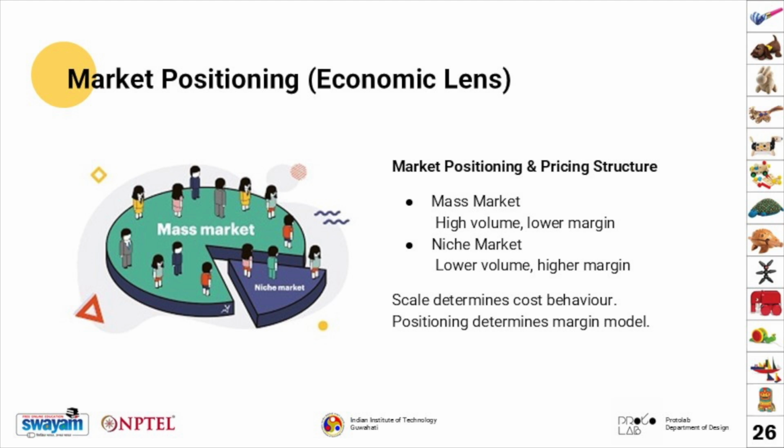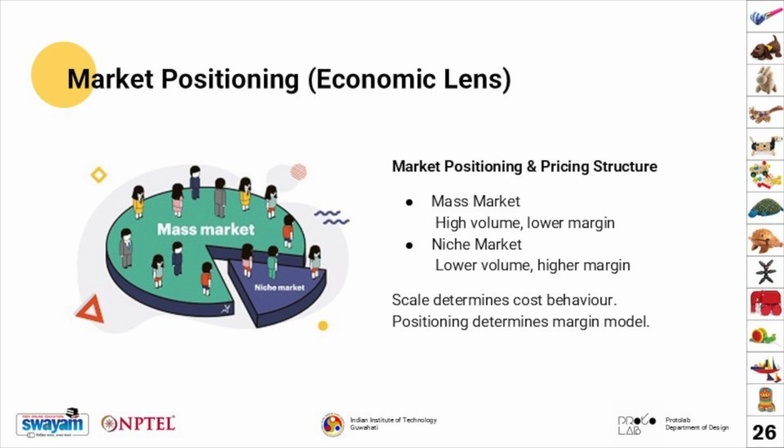In contrast, a niche toy operates at lower production volume. Tooling cost is spread across fewer units. Material discounts may be limited. Overhead per unit is higher. To remain viable, margin per unit must increase.